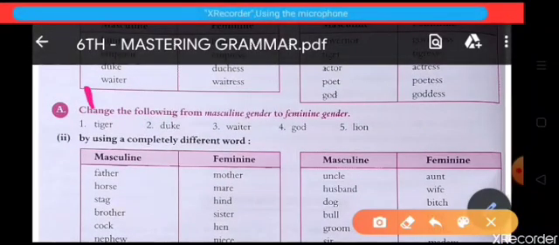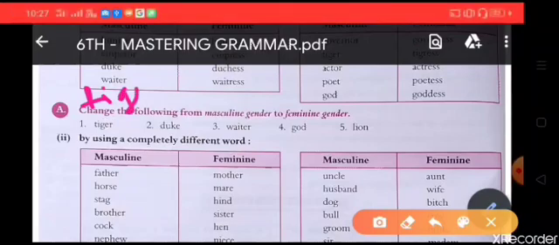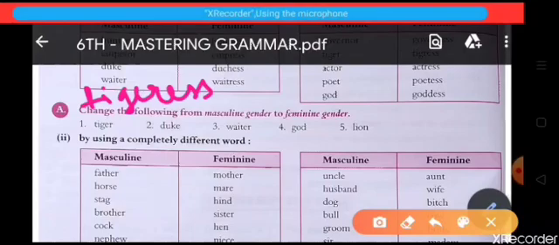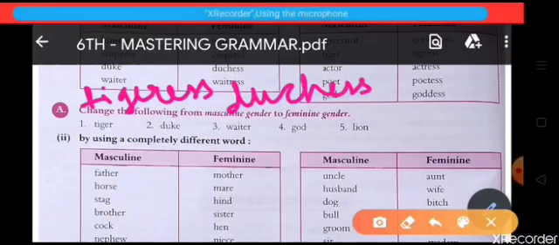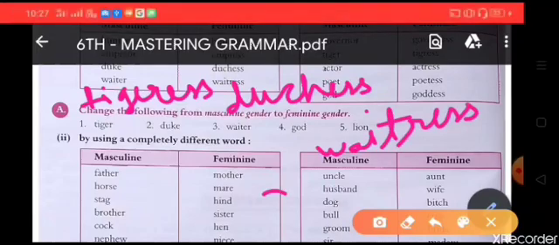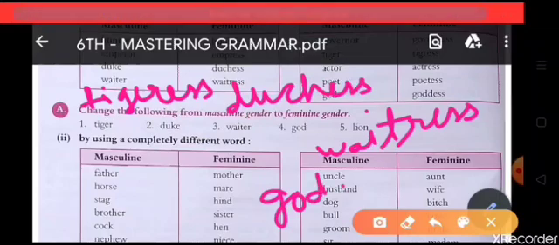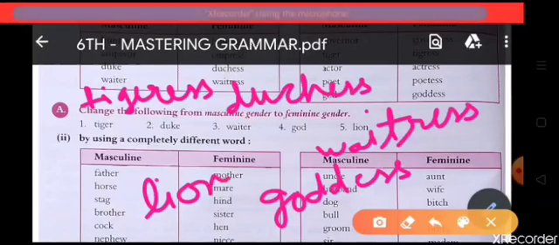Tiger, tigress; duke, duchess; waiter, waitress; god, goddess; and lion, lioness.